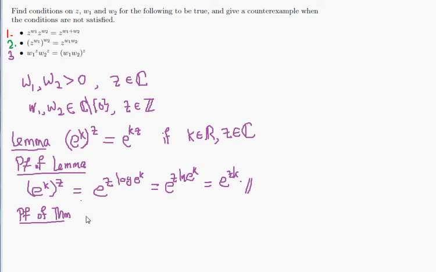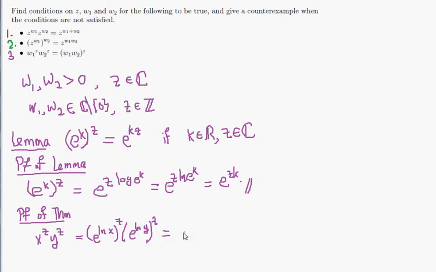Okay, so suppose we have x to the z times y to the z, where x and y are both real numbers. Now x can be written as e to the natural log x, to the z power, times e to the natural log y, which also gets raised to the z power.